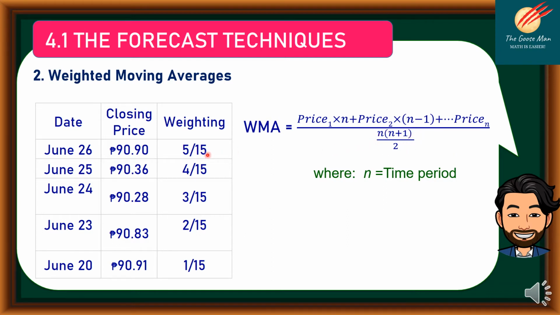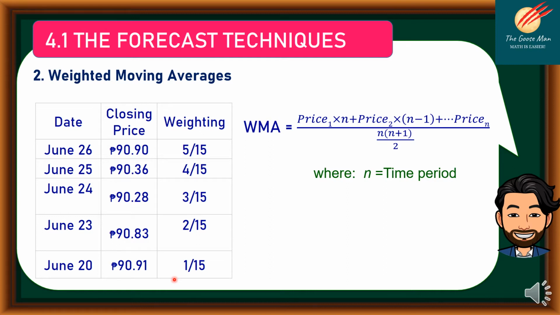Take note that we will give more weight to the most recent date, which is June 26. Out of 5, that is actually 5, so 5 over 15, followed by June 25 with 4, until 1 on June 20.